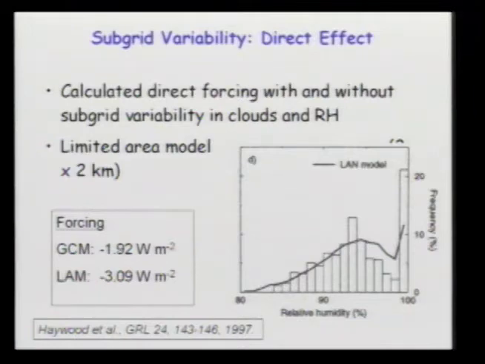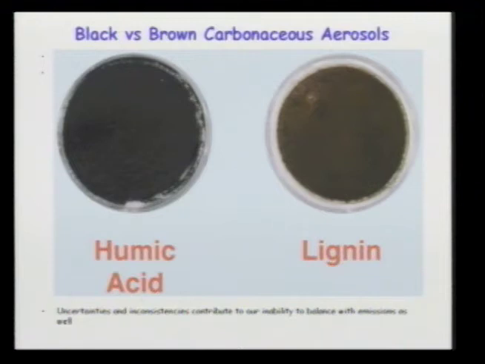If you composite the information about subgrid scale variability and do it on a GCM length scale, you'll get one particular forcing, whereas if you acknowledge the subgrid scale variability and the hygroscopic growth that's associated with it, you get a different picture of the radiative forcing.